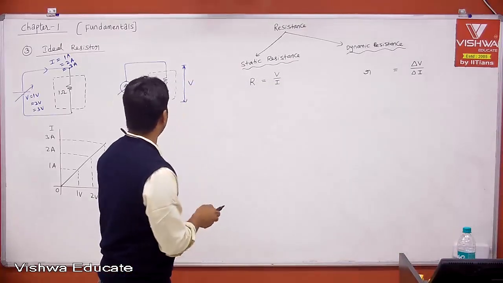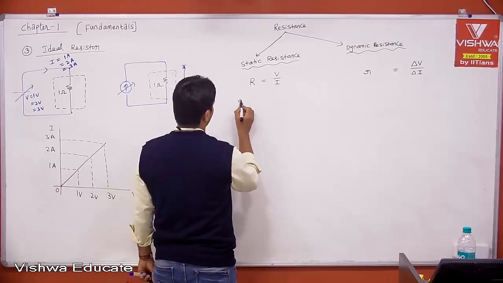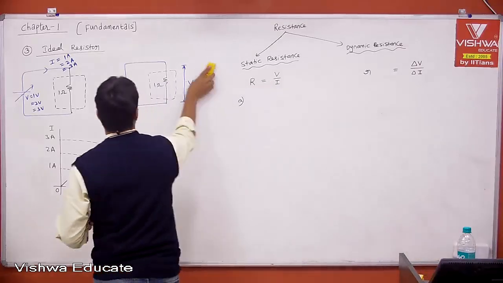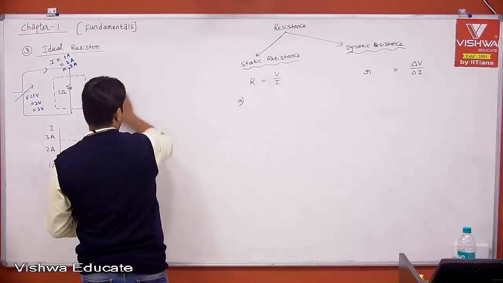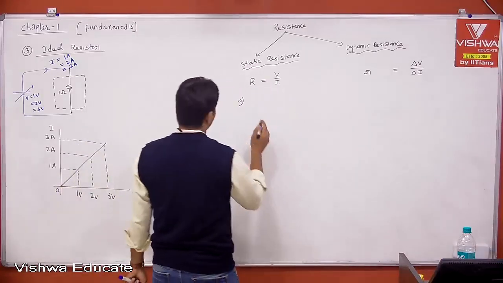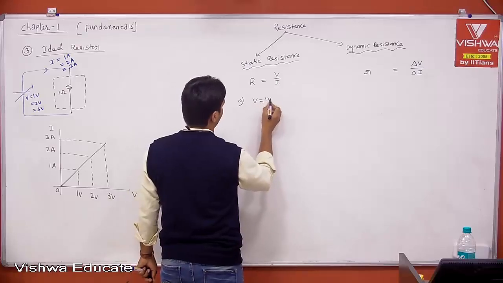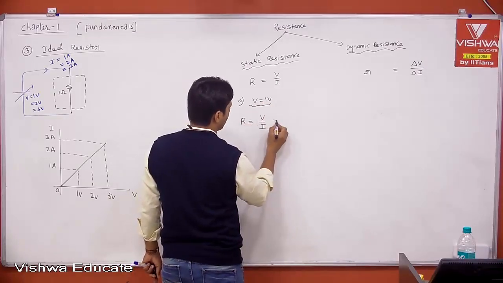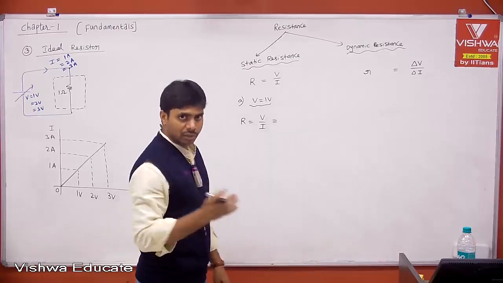Now, static resistance, let us take case A. Case A, voltage. When voltage is equal to 1 volt, tell me what is R? R is equal to V by I. You can follow me, okay?